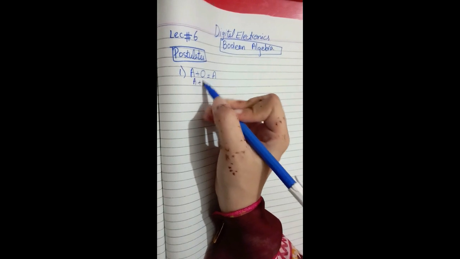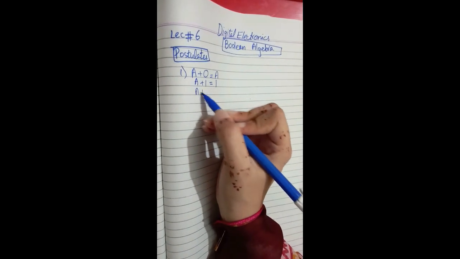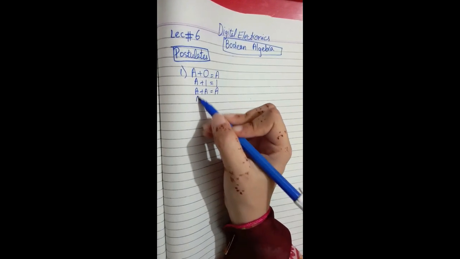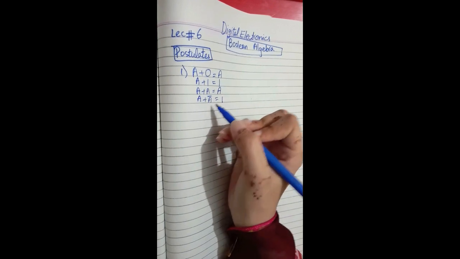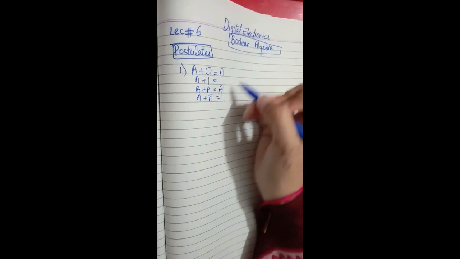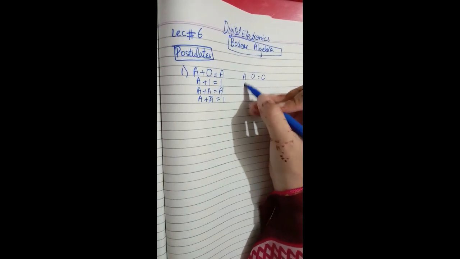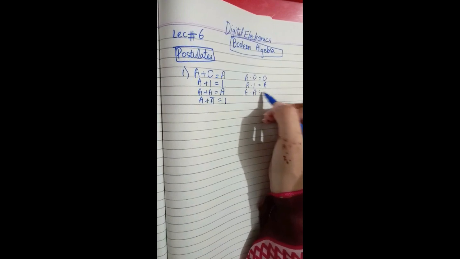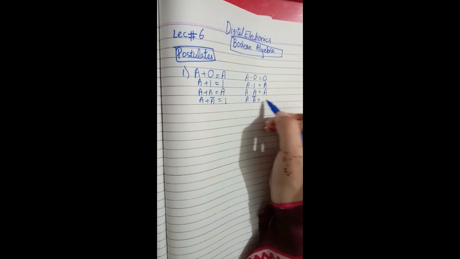So the next is A plus 1 is equal to 1. A plus A is A. A plus A bar is equal to 1, and the multiplication of these are A dot 0 is 0, A dot 1 is A, A dot A is equal to A, and A dot A bar is equal to 0.